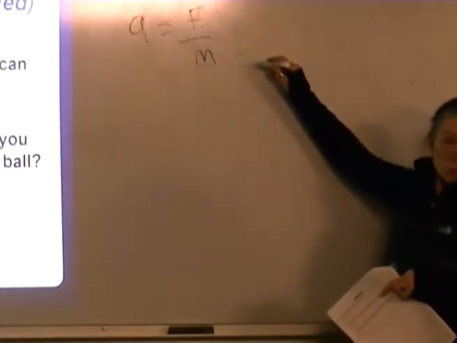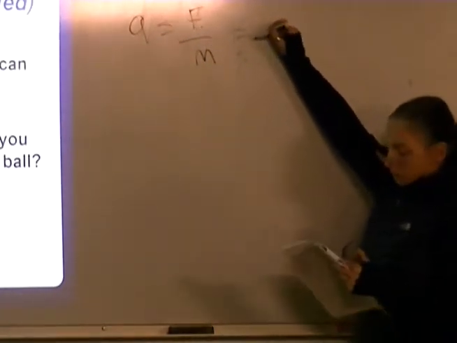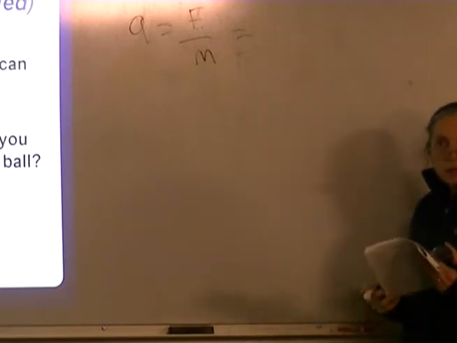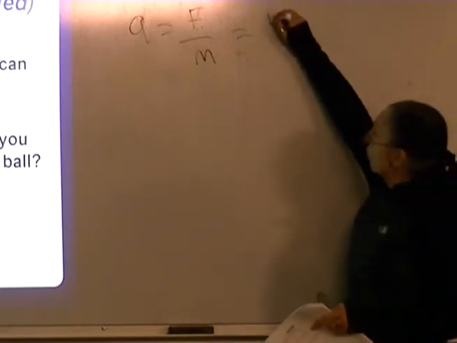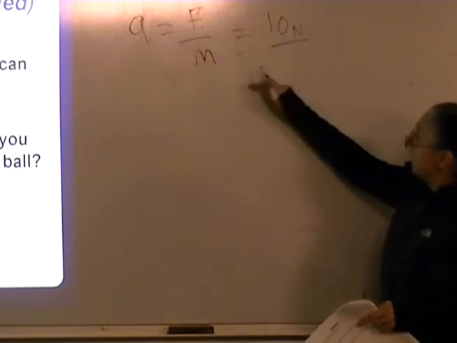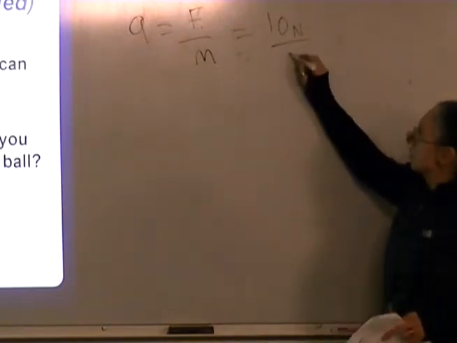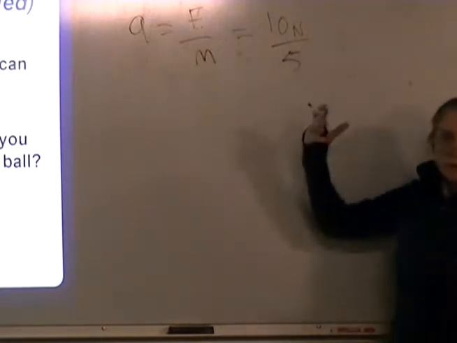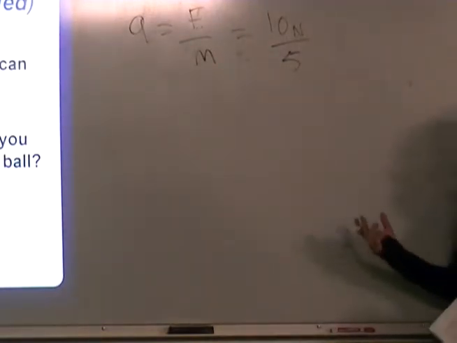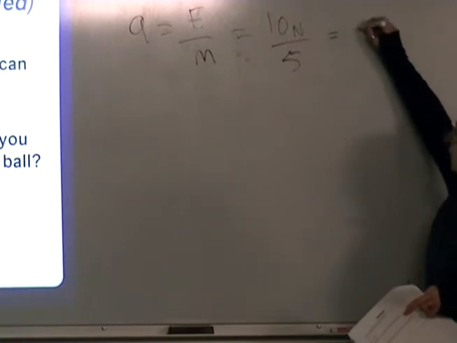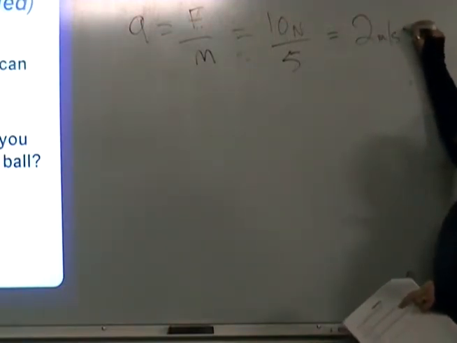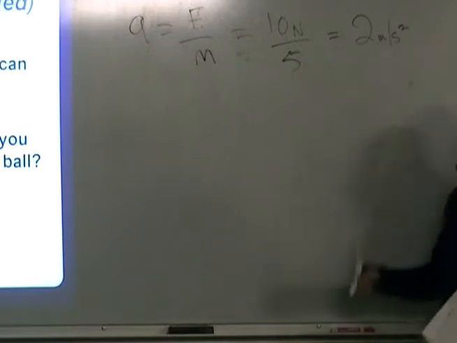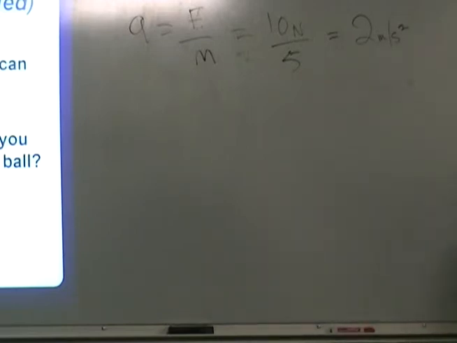This isn't going to change. So let's say my force is 10 newtons, and the mass of the ball I gave them was 5 something. Then we've got an acceleration of 2 meters per second squared. That's the right unit. And the ball falls short of the target, over and over.